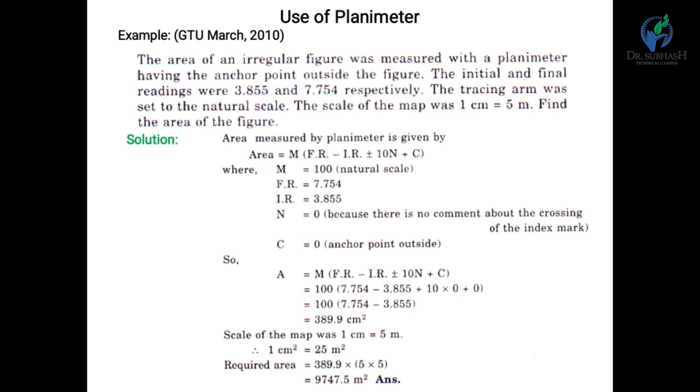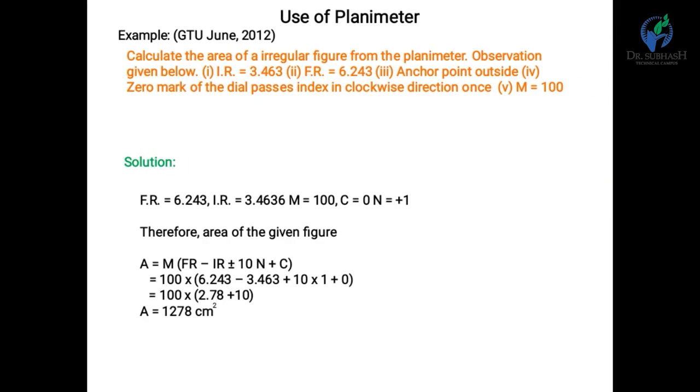The scale of the map was 1 centimeter equal to 5 meter, so the area scale was 25 meter square per centimeter square. So the actual area is 389.9 multiplied by 25, which gives 9747.5 meter square.